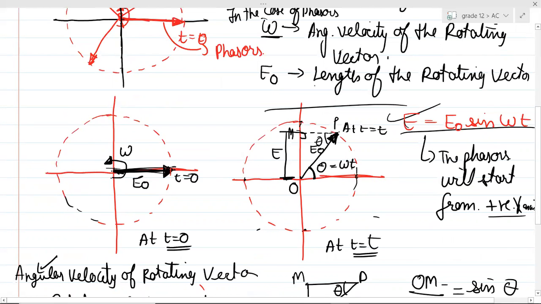So when one complete oscillation completes, here one complete rotation will get completed. That is why we have taken omega as the same for both of them. Is the reason clear, guys?